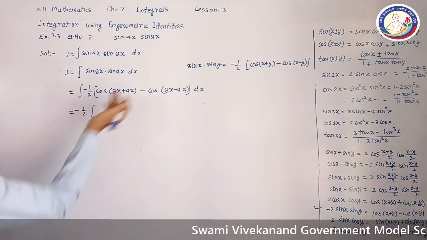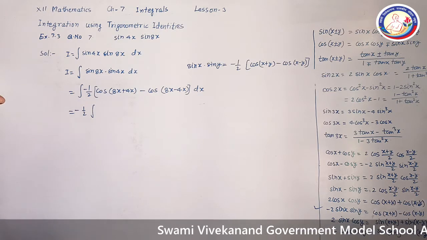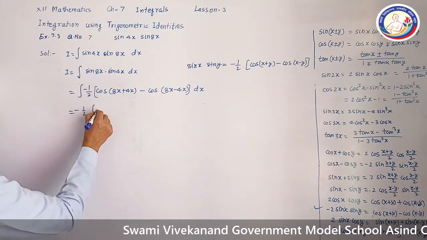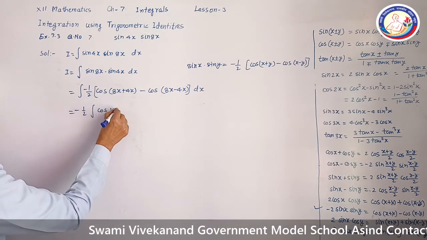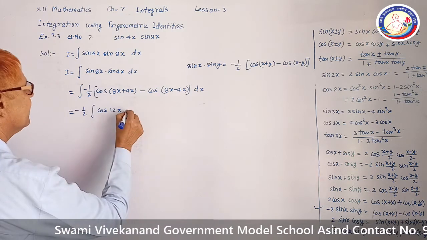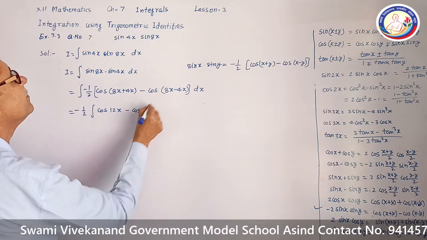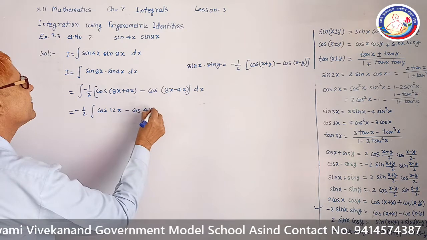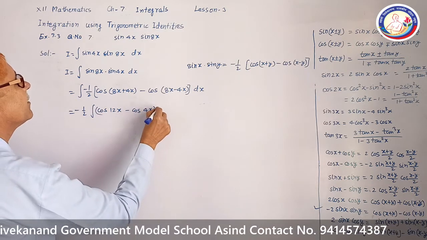you can use minus here also, we will simplify it later. Cos of 12x minus cos of 8 minus 4, that is 4x dx.